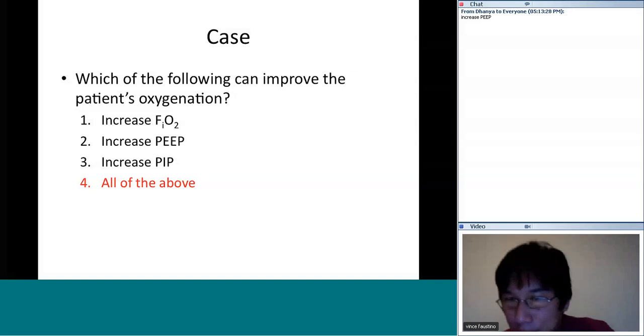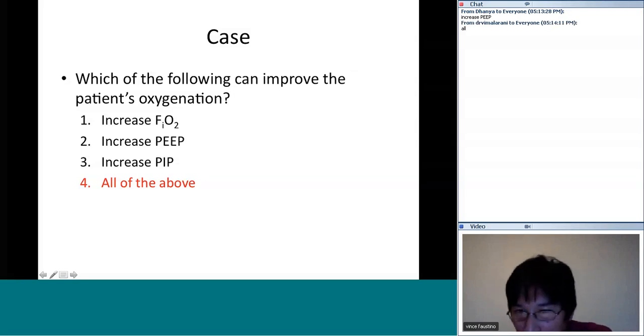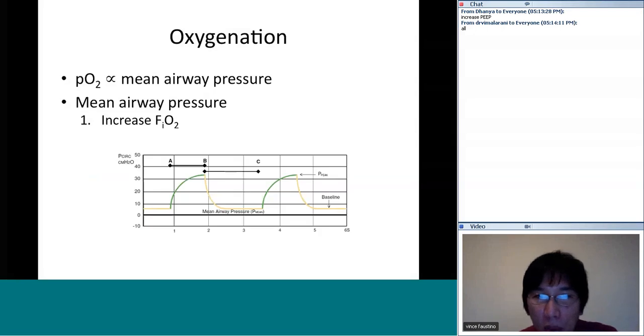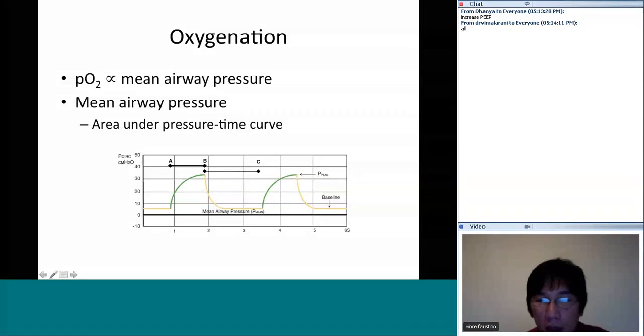Okay, so all of the following can actually increase oxygenation in this patient. Someone said, "Oh, we're doing better." So why is that? Remember when I showed you the pressure time curve earlier?